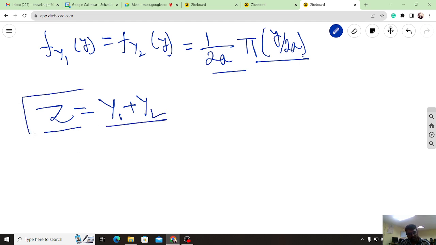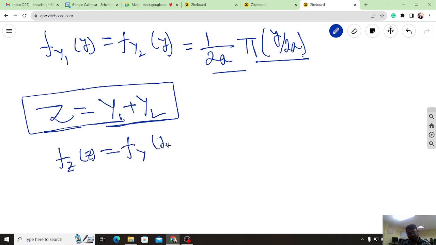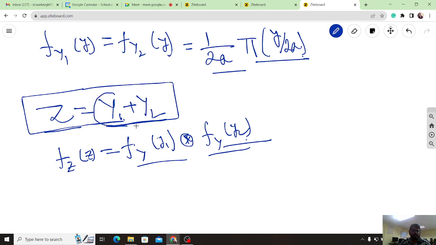If this is the rule, we know the probability density function is the convolution of f of y1 and f of y2. So basically if I do the summation here, it is actually the convolution between these two PDFs.